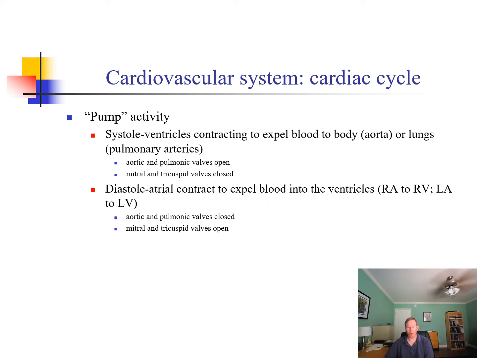And then once I have filled up those ventricles, the left and the right, now I'm going to close my mitral and tricuspid valves and open the aortic and pulmonic valves to allow for me to squeeze that blood out of the ventricles either to my body through the aortic or to my lungs through the pulmonic valves. And that's systole.